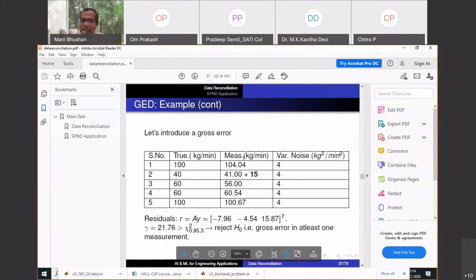First, that there is at least one sensor which has a problem, by looking at some weighted sum of squares of these residuals. If that exceeds some threshold, we'll say at least one sensor has a problem, because noise variances are of certain magnitude. Based on that, I know that the strength of the residuals should be less than some threshold. And second, we also want to identify which sensor has a gross error.